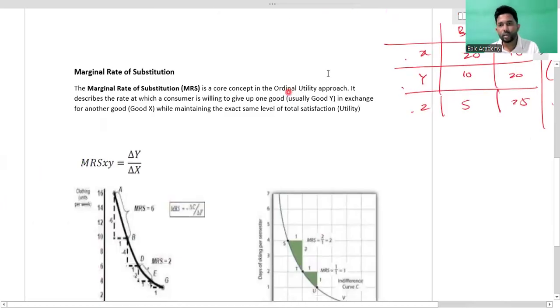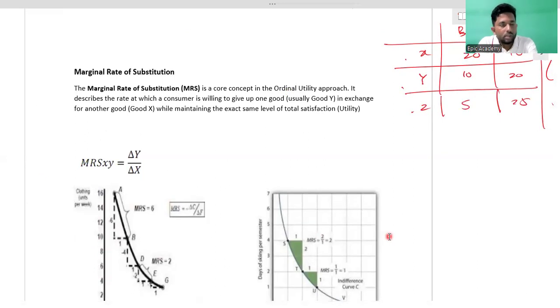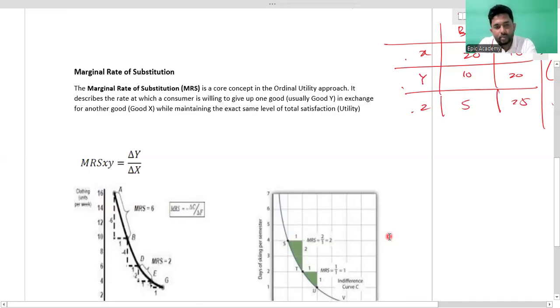Already we discussed that in the theory of utility, each and every consumer tries to consume only two commodities.